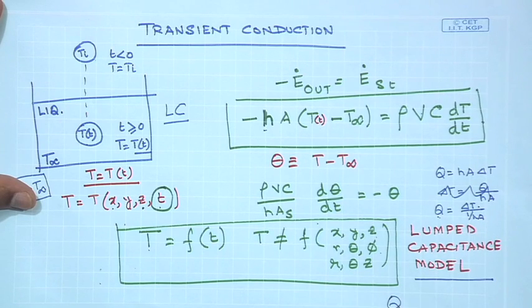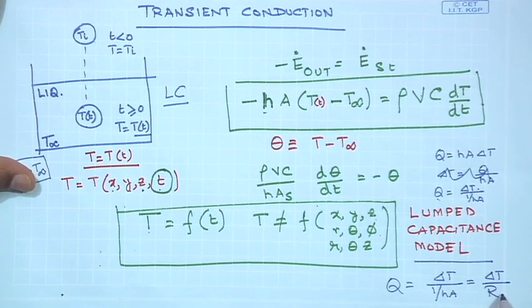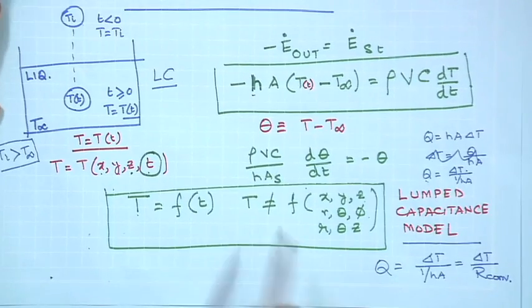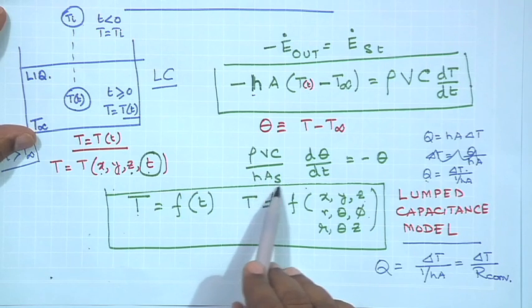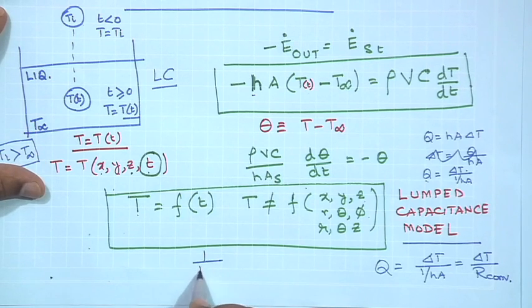So, if I express Q as delta T by 1 by h A, this can be termed as delta T by resistance due to convection. So, the 1 by h A s, where A s denotes the surface area, is some sort of a resistance to convective heat transfer.